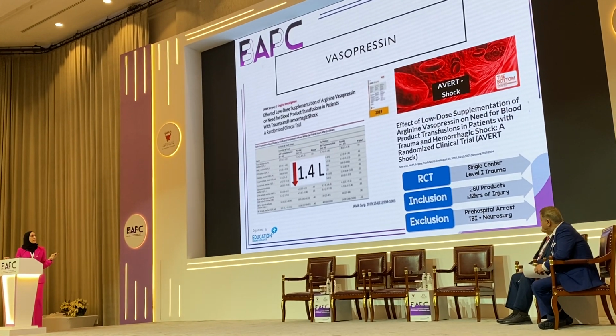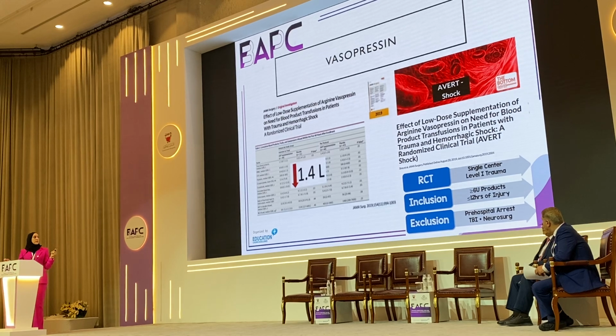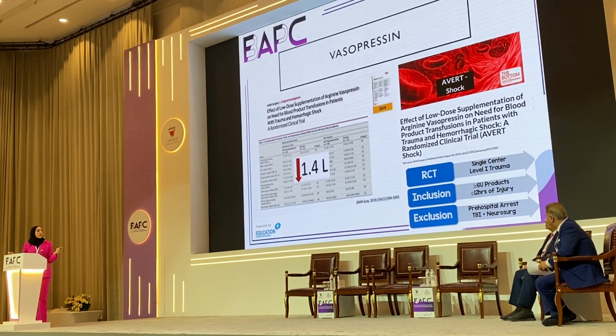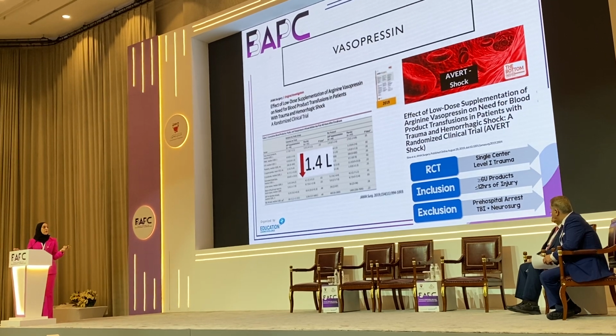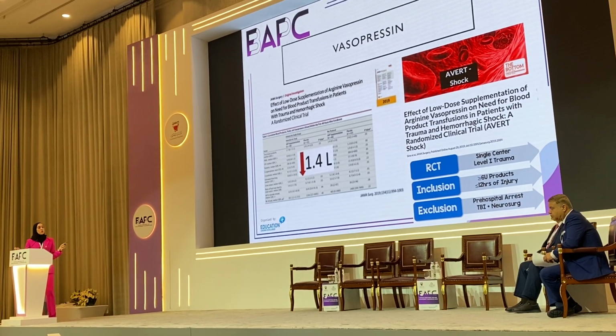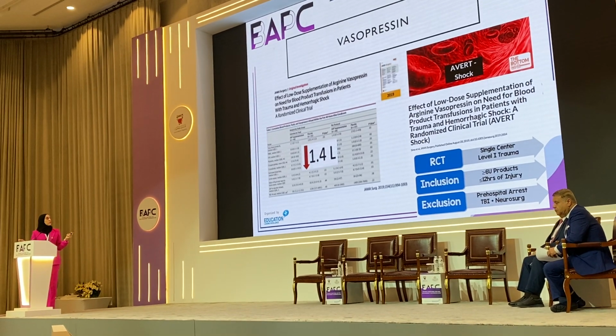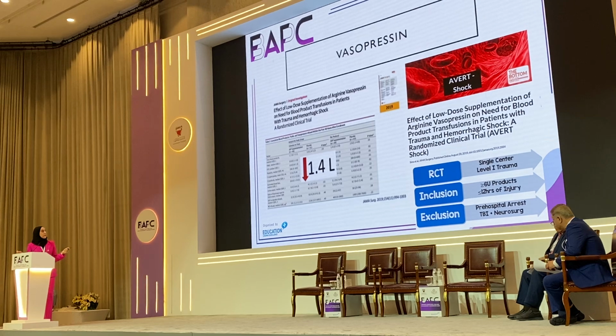And this was the AVERT Shock trial published in JAMA 2019. It was a single center, level 1 trauma. They included patients who required more than 6 units of blood within 12 hours of injury. And they actually found that when you start a low dose of vasopressin, it decreased your transfusion requirements by up to 1.5 liters, which was really impressive.